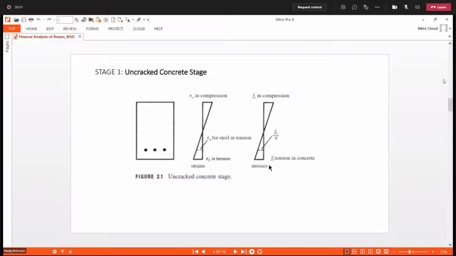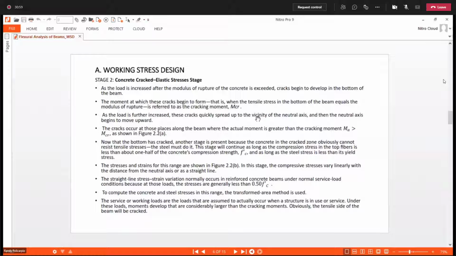So that's why your F sub t here eventually becomes zero, because it already begins to crack. Okay, so the moment at which these cracks begin to form is when the tensile stress in the bottom of the beam equals the modulus of rupture.